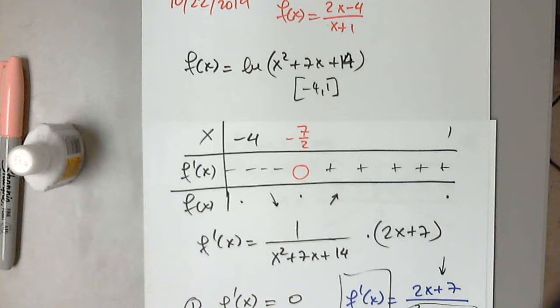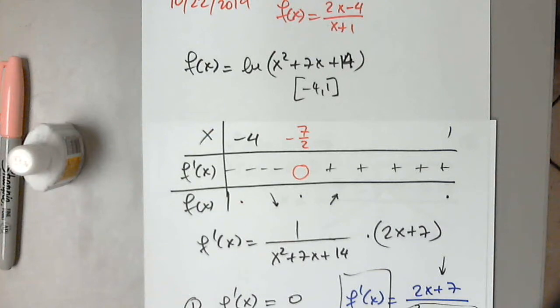So in y equals, we have natural log, and in parentheses, not two sets, x squared plus 7x plus 14.